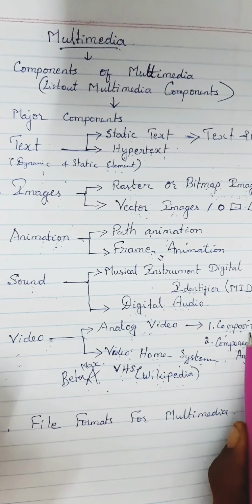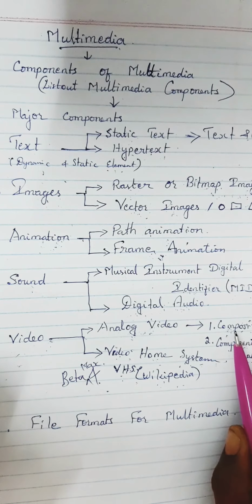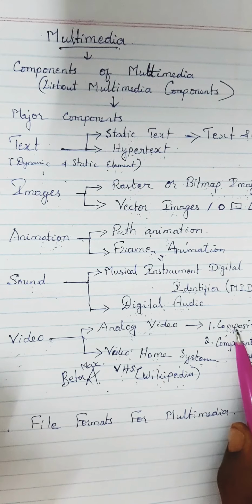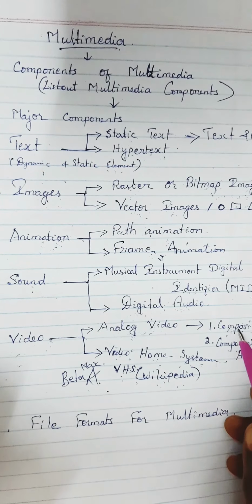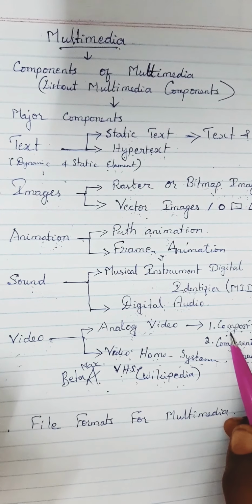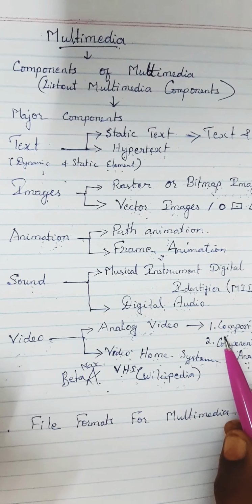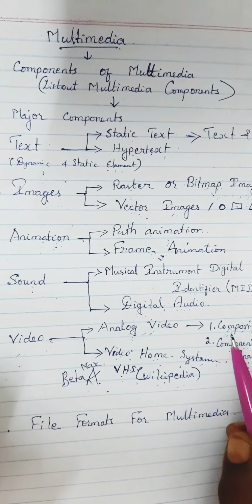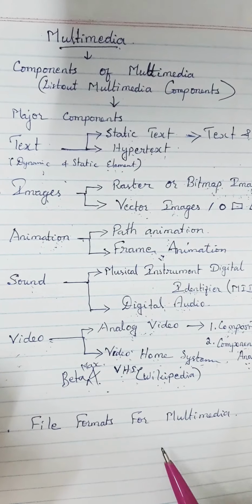Color, brightness and synchronization combined into one signal is called composite.